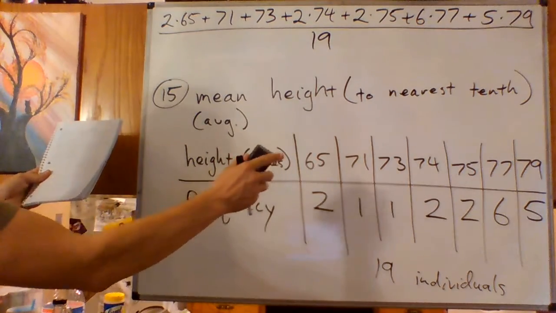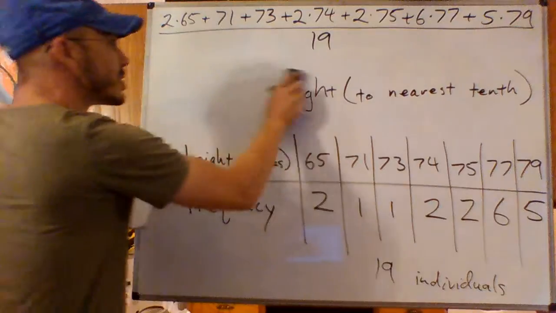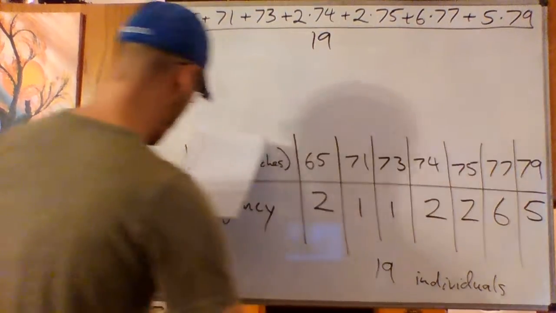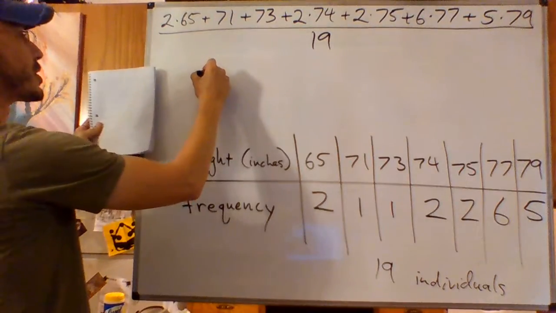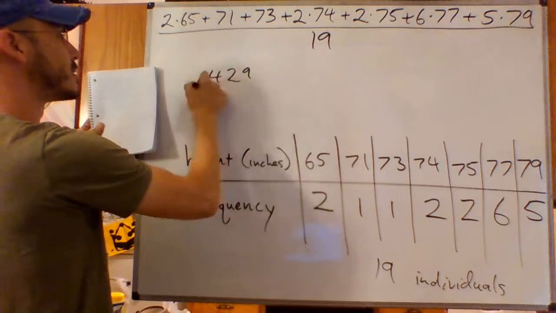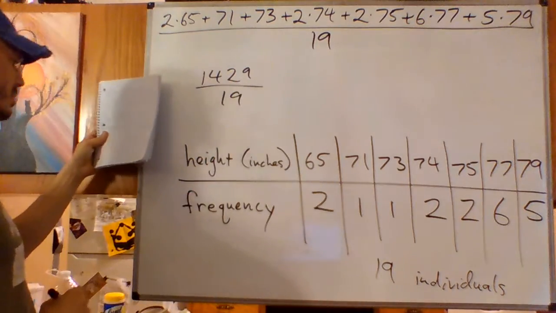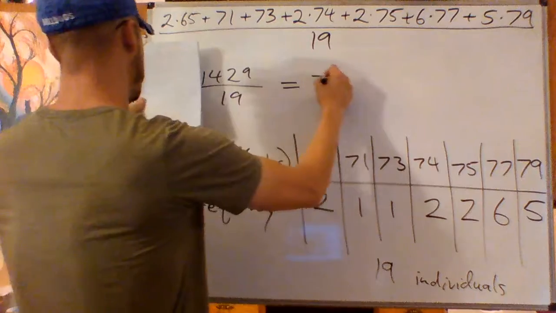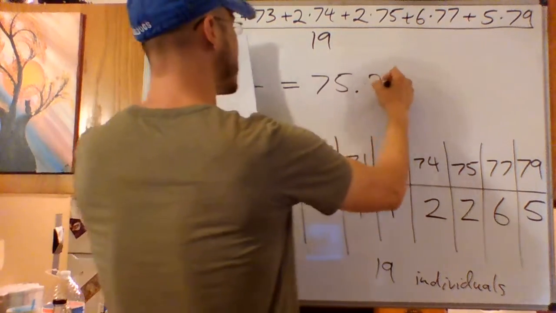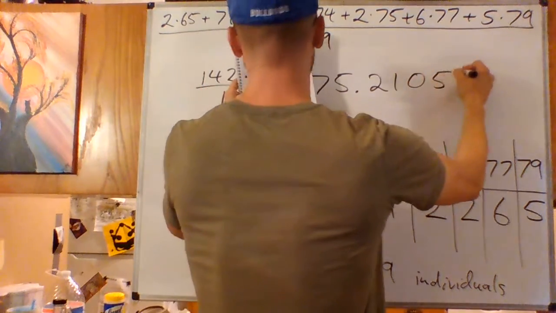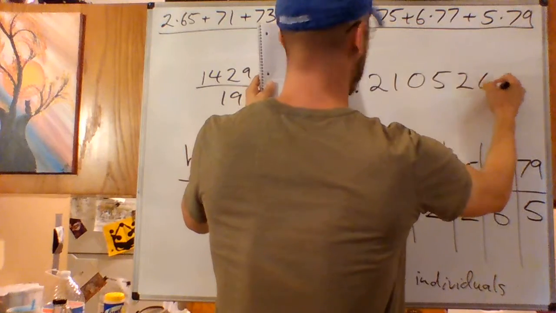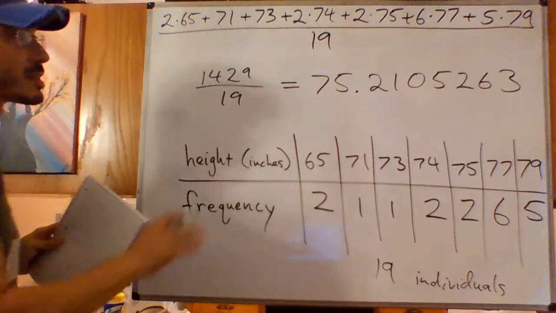To the nearest 10th, I'm going to write it down first. I did the top part separately and I got the number 1429 over 19. But that's 75.2105263. That's a lot of digits.